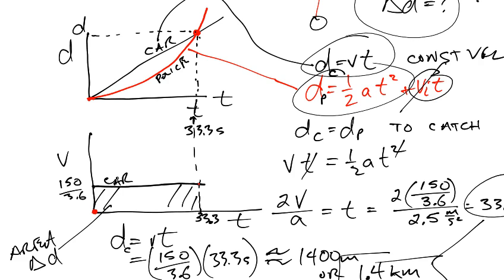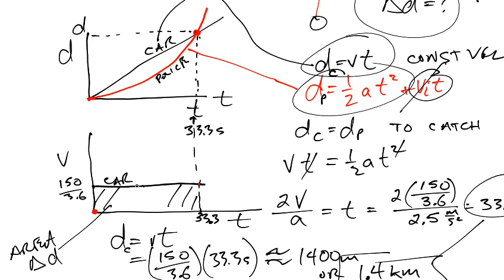What's interesting is that you know that the area under the police car's graph has to match the area of the car's graph. But you also know that the graph of the police car has to be a straight line with a slope equal to its acceleration, which is 2.5.